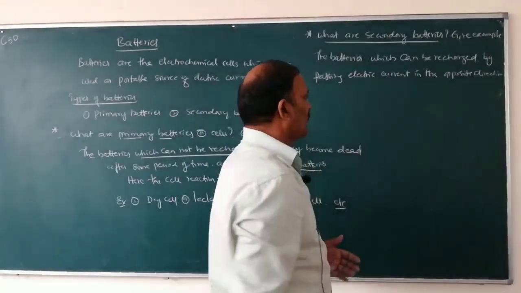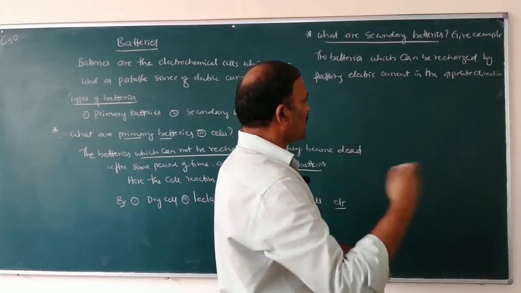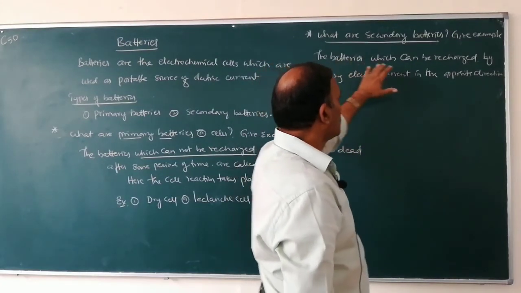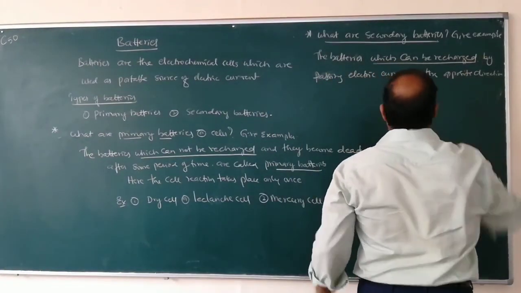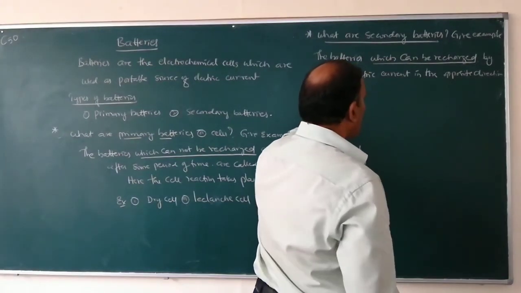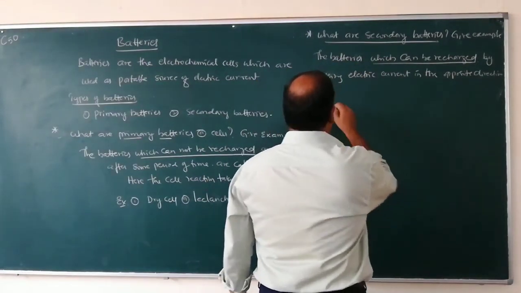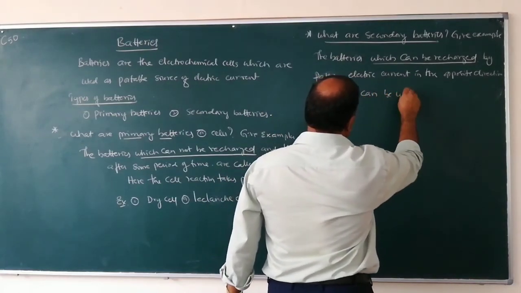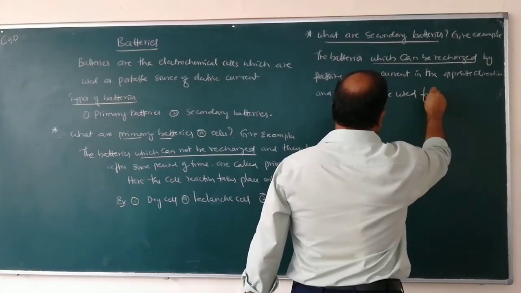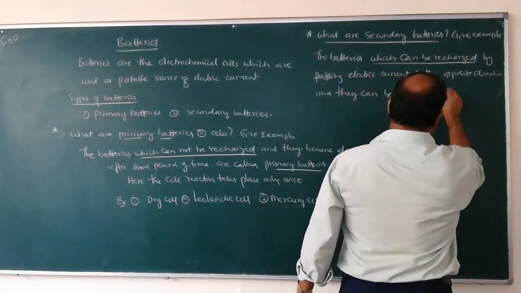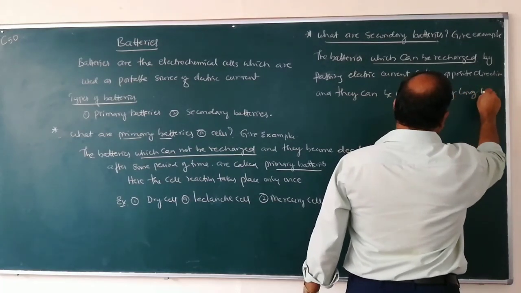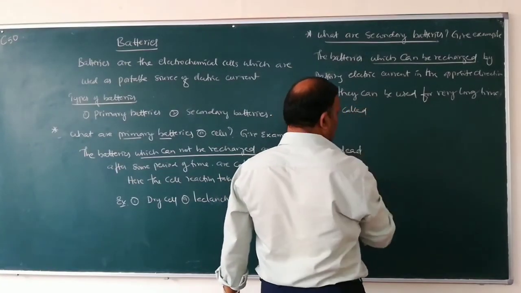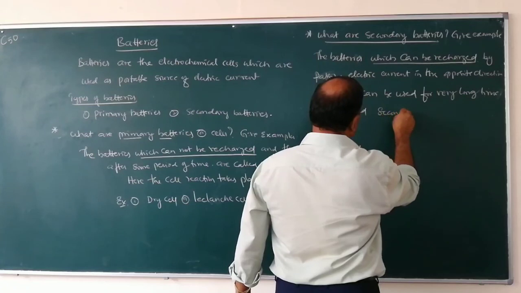If current flows out in one direction, and you pass electricity in the opposite direction, these batteries can be recharged. Batteries which can be recharged by passing electric current in the opposite direction and can be used for a very long time are called secondary batteries.